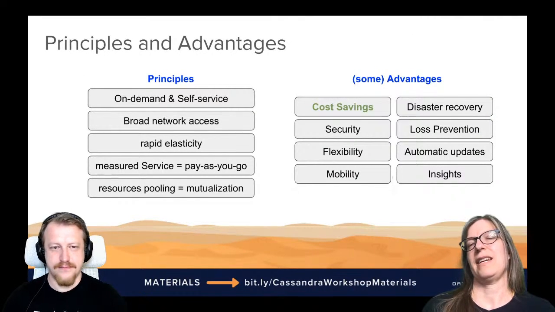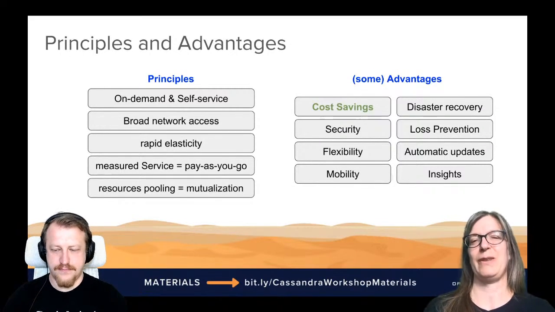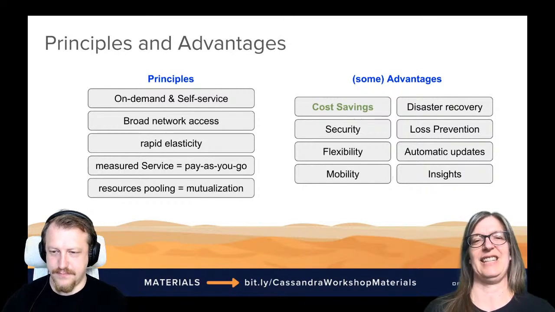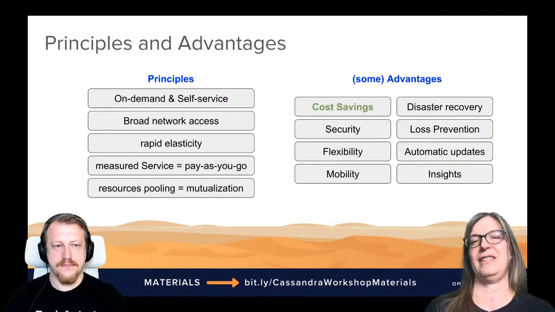The principles are, it is on demand. It is self-service. You do not have to talk to a salesperson to get access. It's usually very publicly available with good network access. It's very elastic. You can scale it horizontally, vertically, and you can scale it down.